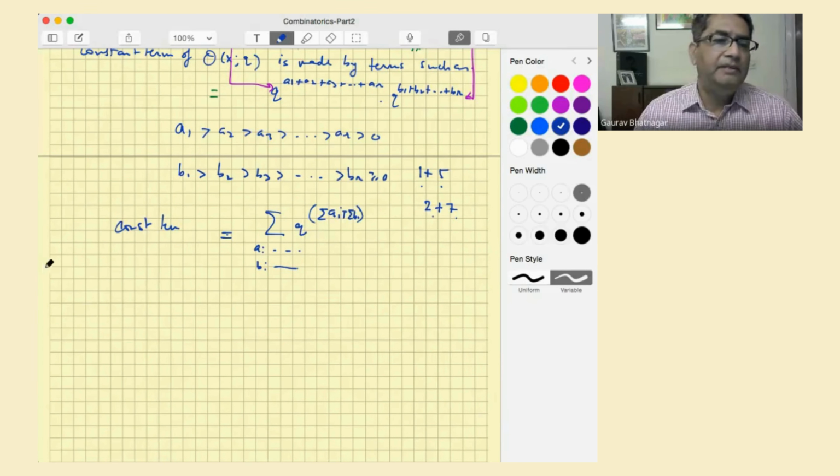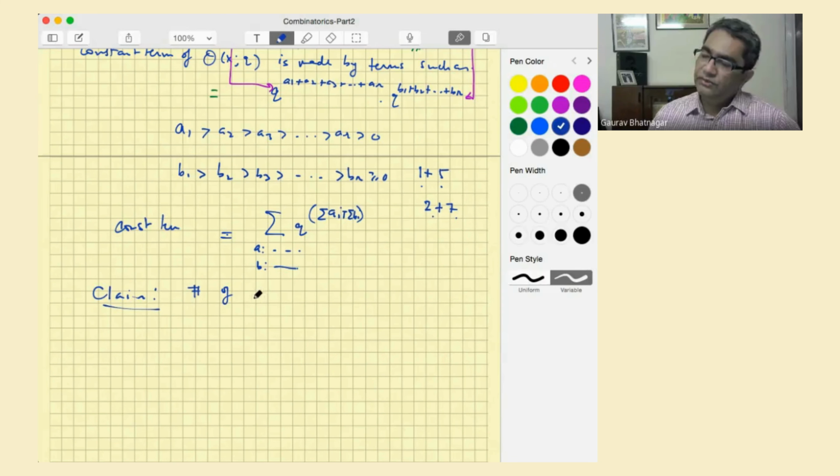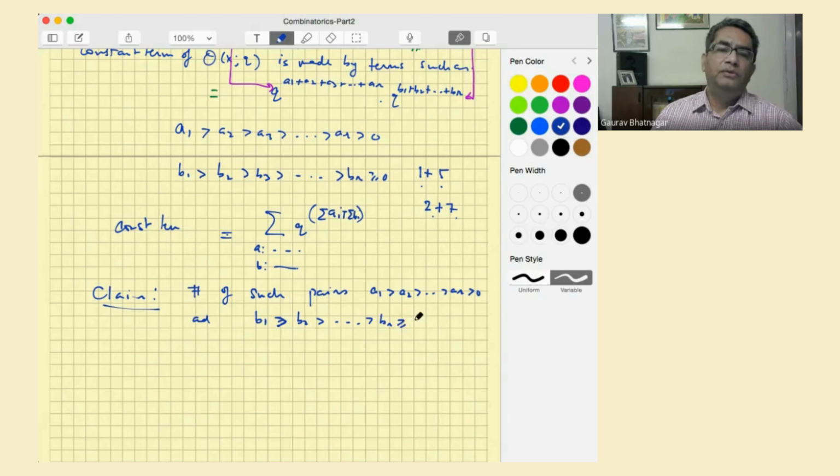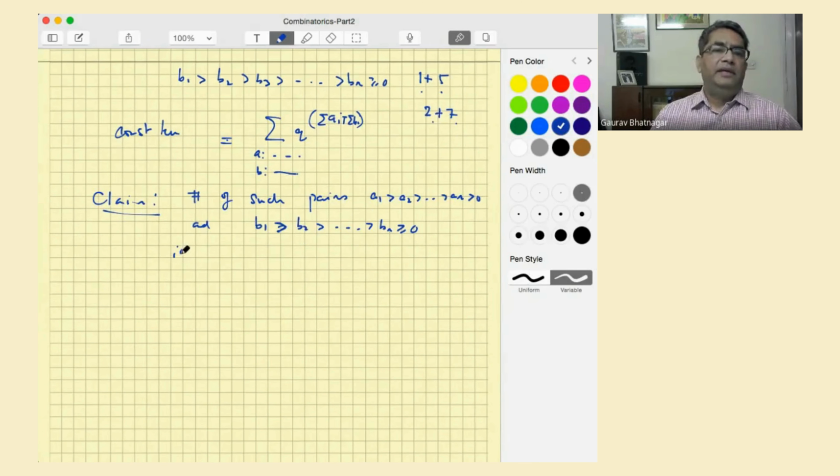So my claim is that the number of such pairs, with the a's strictly bigger than 0 and the b's distinct, but one of them can be equal to 0, is equal to the number of partitions of n.